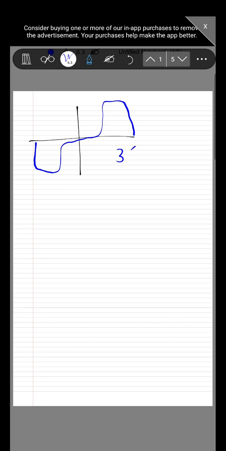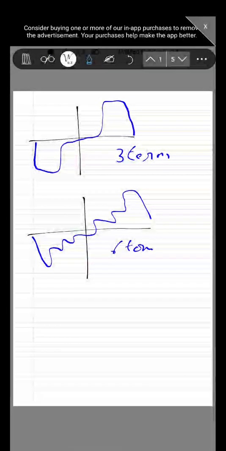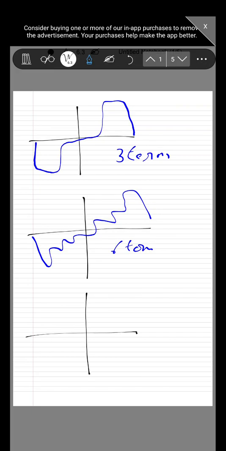For the next 6 terms, it will look something like this, and for the 9 terms it will be even denser.